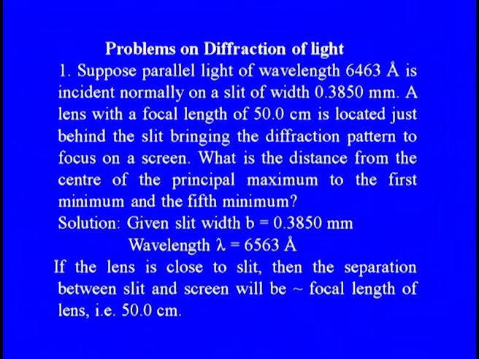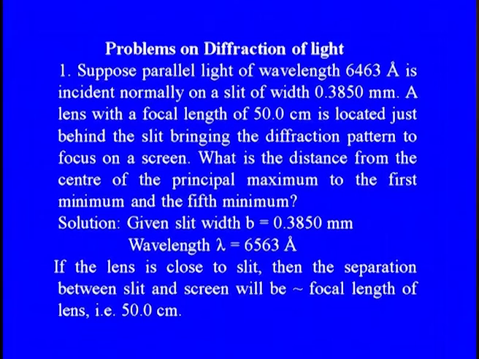Now, I will discuss some problems related to diffraction of single slit, double slit and grating. Problem number 1. Suppose parallel light of wavelength 6463 angstrom is incident normally on a slit of width 0.3850 millimeter.